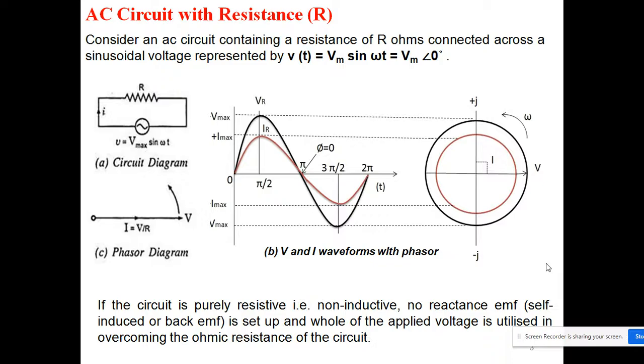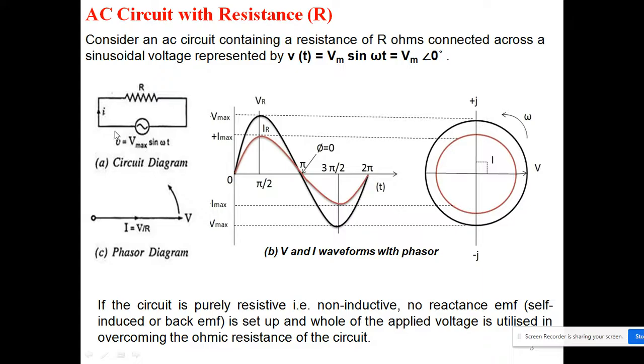Now let me first take an AC circuit with resistance R. You can see in this circuit diagram, we are taking a sinusoidal AC voltage, V equal to V max sine omega t, and we connect a resistance here.